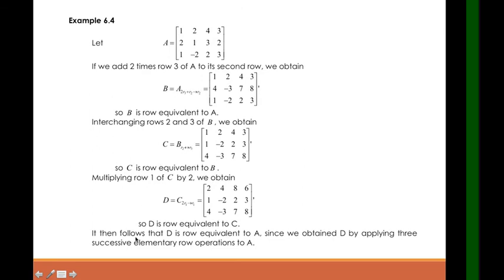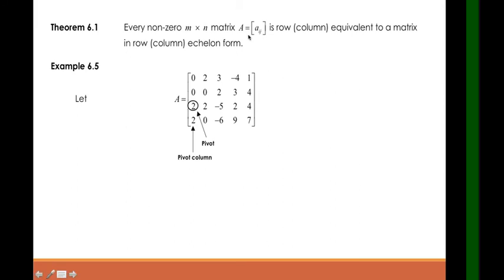So, it follows that D is row equivalent to A since we obtained D by applying 3 successive elementary row operations to A. Okay? So, parang long division or long addition na equivalent siya doon sa mga given. Next, another theorem.